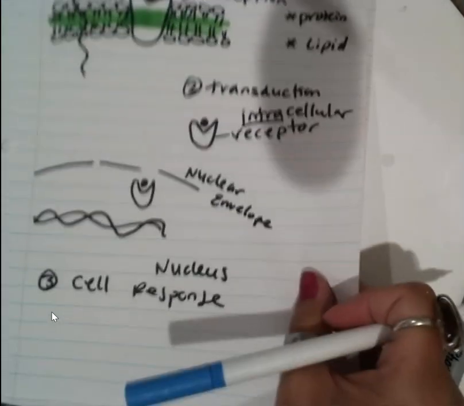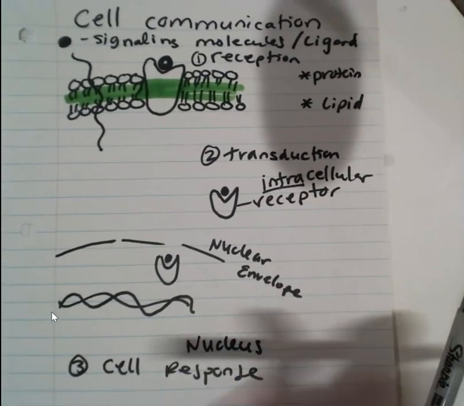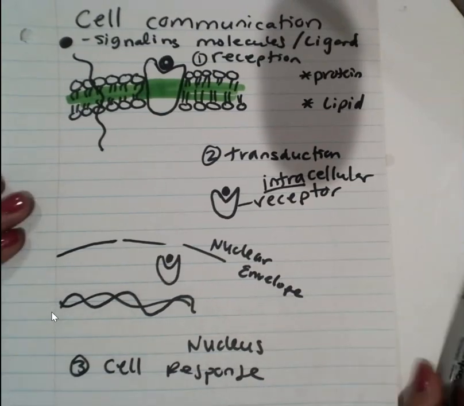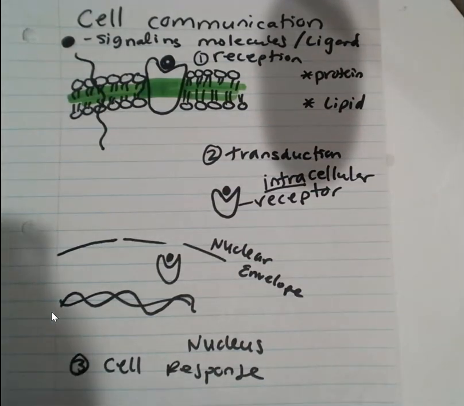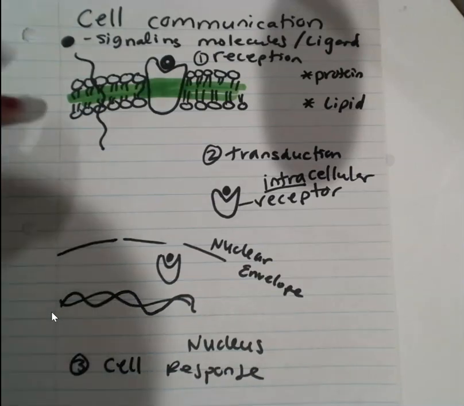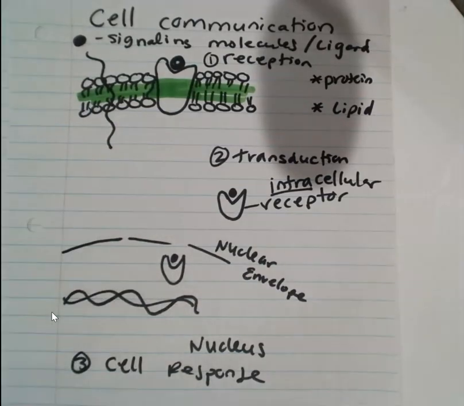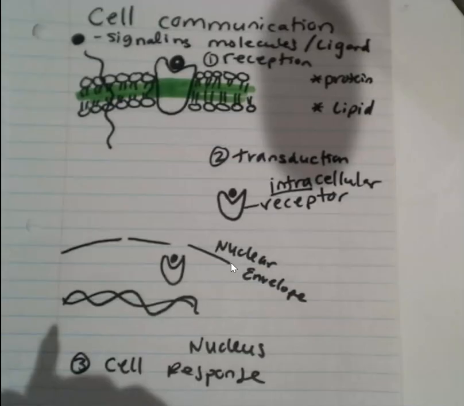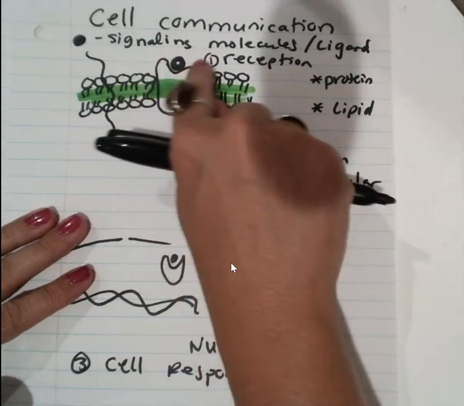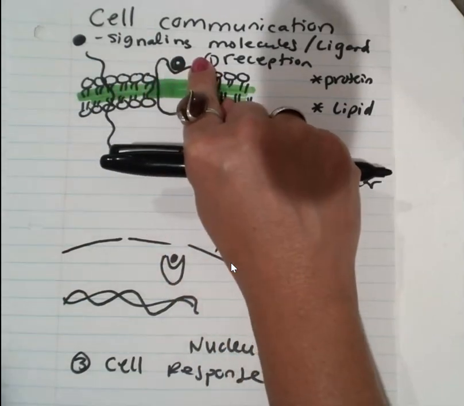So when we look at our 3 steps in cell communication, we start out with the ligand attaching. If it's a hydrophilic or peptide hormone, a protein-based hormone, or a water-soluble hormone, something that cannot diffuse across, then it has to attach to the extracellular portion of the receptor protein.